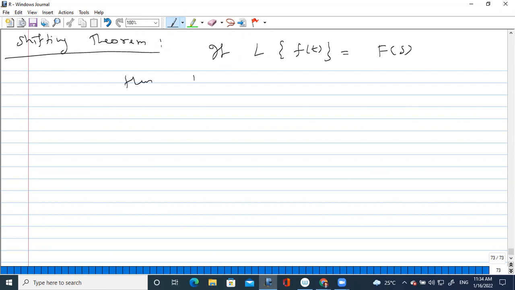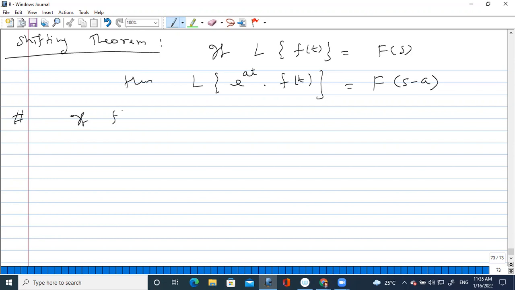Then Laplace of, if some exponential term is there with the f of t only, and the formula for f of t you know. If the extra term is e to the power at, so that can be solved easily. Directly you take F of s, in F of s you replace it with F of s minus a. This e to the power at, just s will be changed by s minus a and the answer is the same. So like this you can do. Okay, so we can see the example for that.